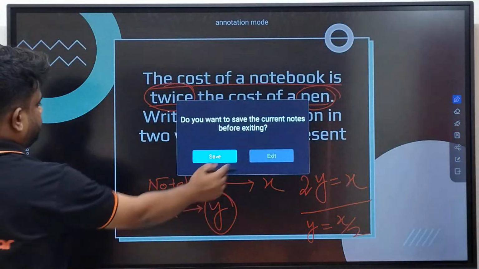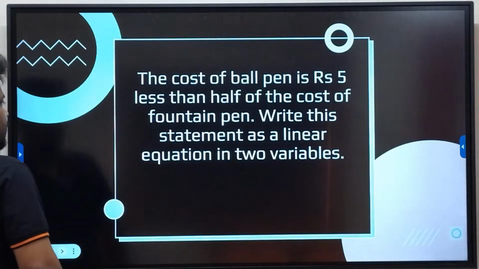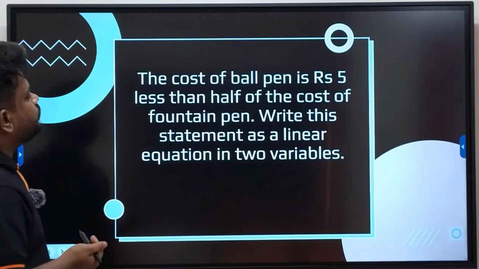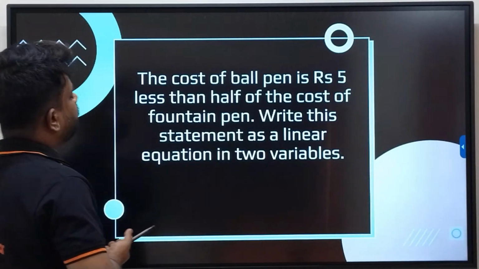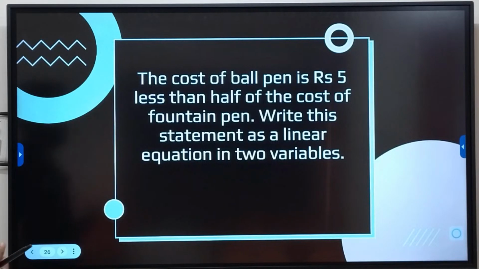So let's see another example. The cost of a ball pen is ₹5 less than half of the cost of a fountain pen. Write this statement as a linear equation in two variables.